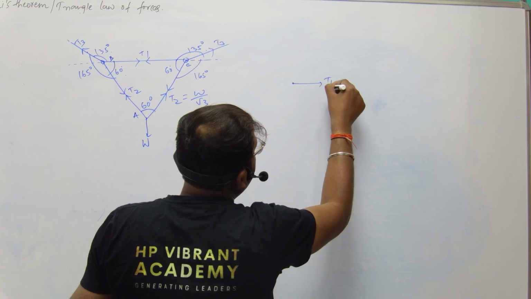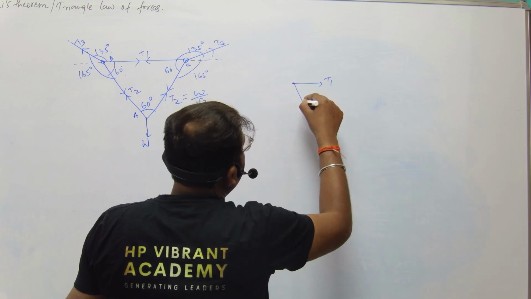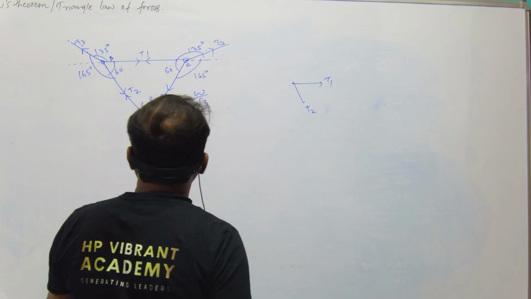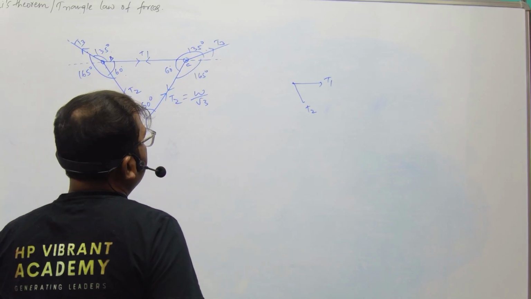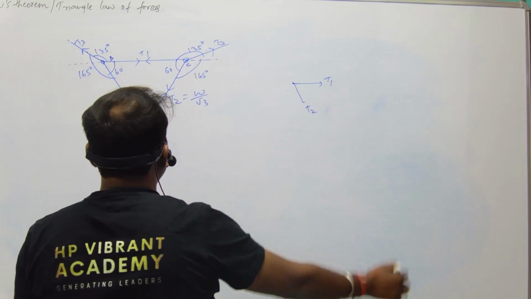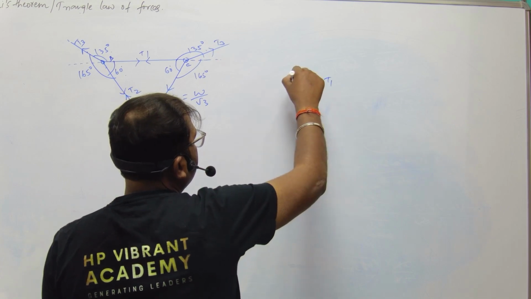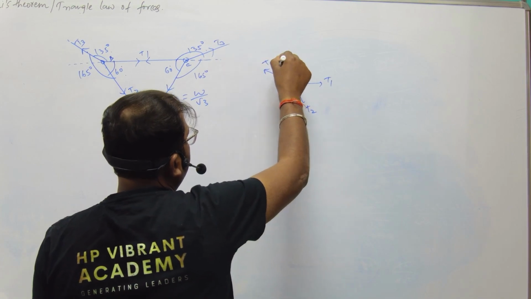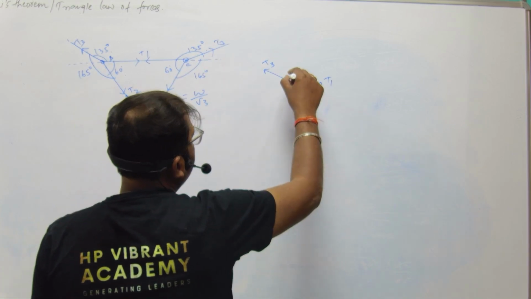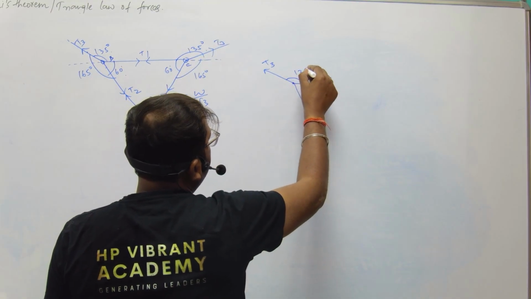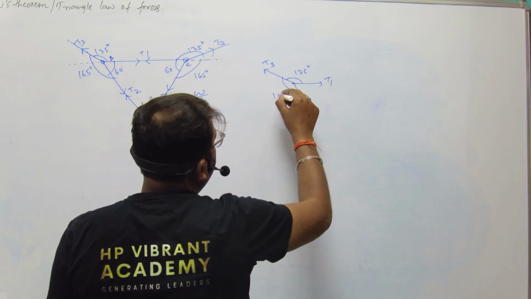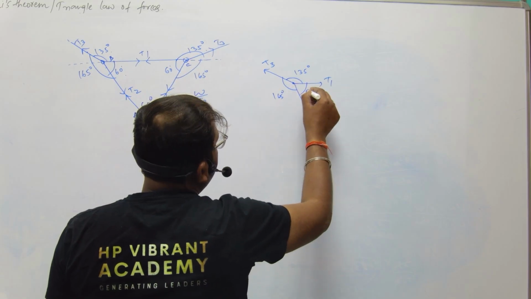Horizontally we have tension T1, we have tension T2. Tension in the string AB, this is tension in the string BC, and we have the tension T3. This angle is 135 degree, this angle is 165 degree, and this angle is 60 degree.